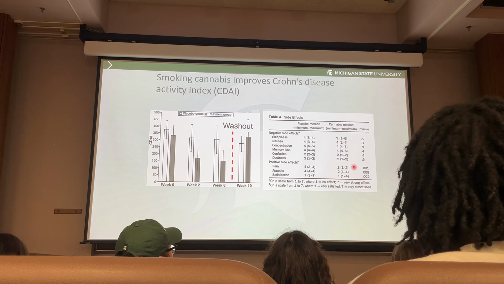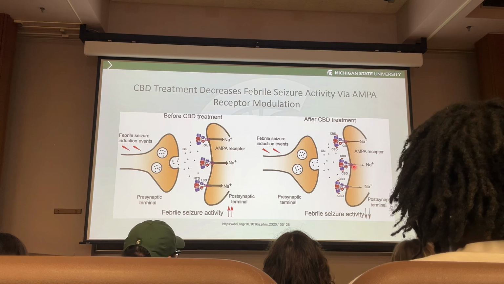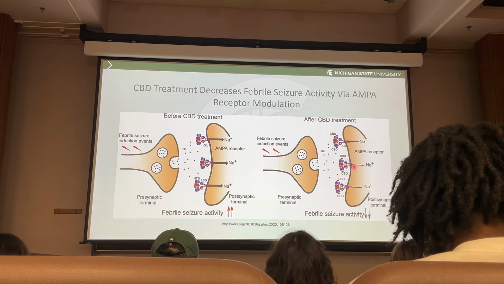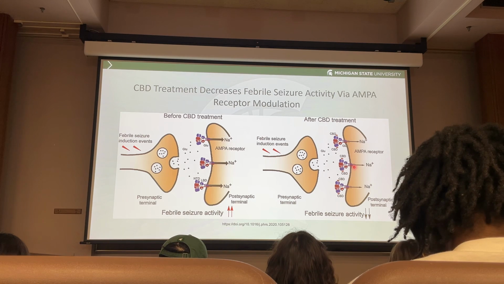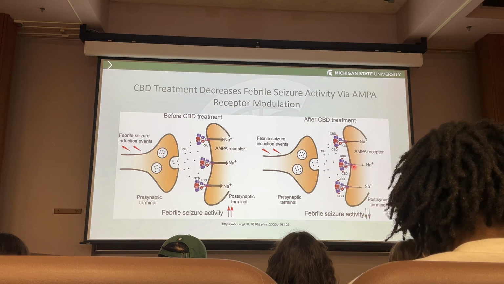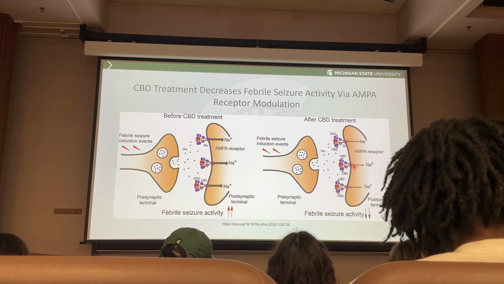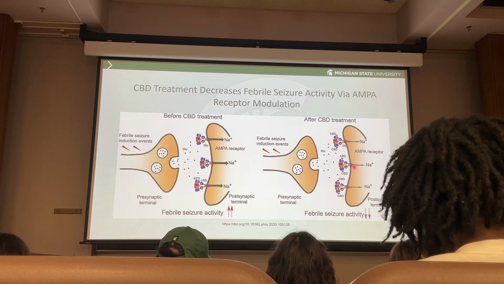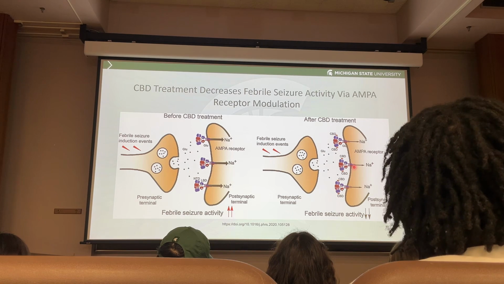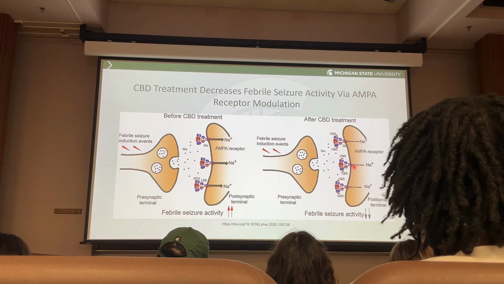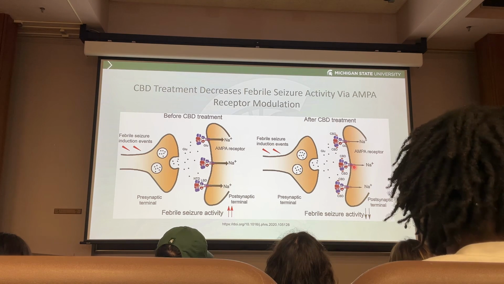So, moving on to seizures. This is a hot topic and has been for quite a while. There's been anecdotal evidence that cannabinoids will improve seizures in children and adults. We've known that for decades, but it's only the last really 15 to 20 years that people have been studying it in a very honest and upfront way.